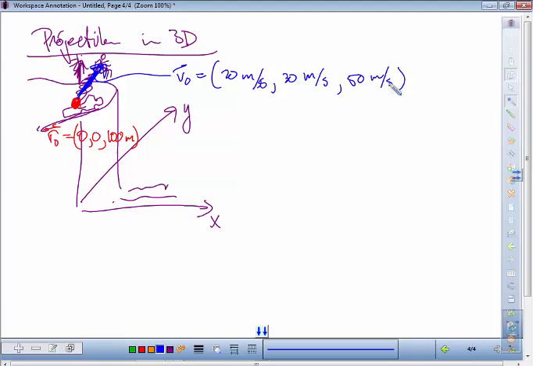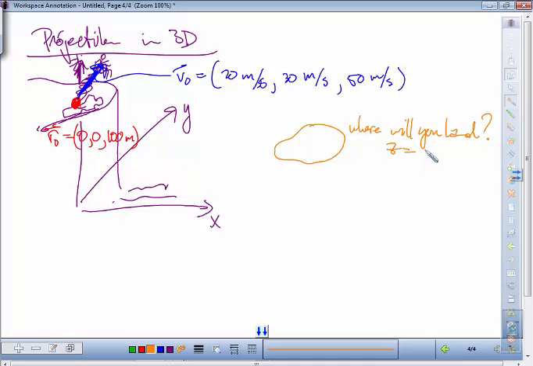And then you want to know where you're going to land in the ocean. So assuming that the ocean is at sea level, assuming the sea level is when z is equal to 0, you're actually trying to figure out when you're going to hit the xy plane.